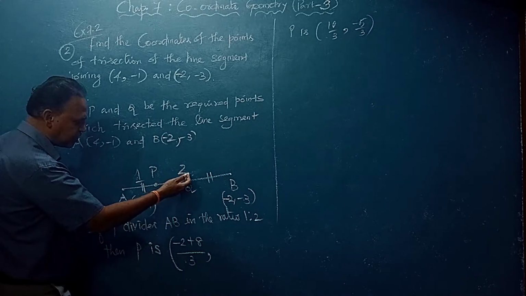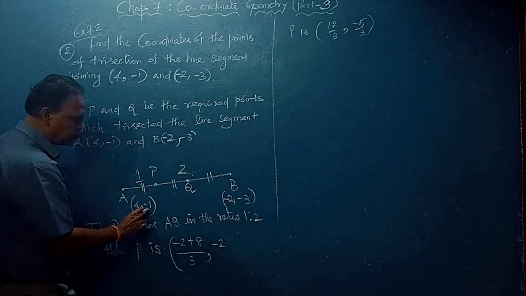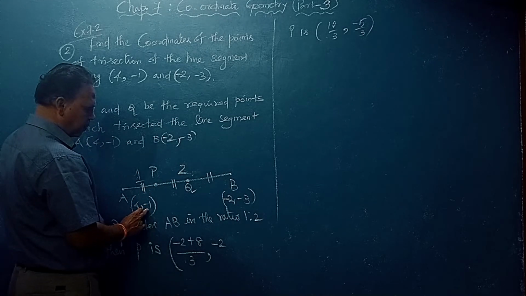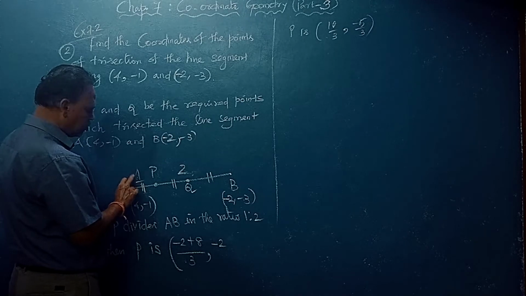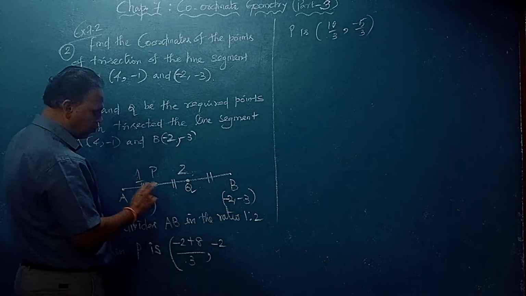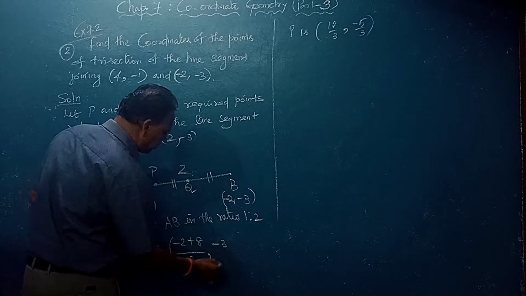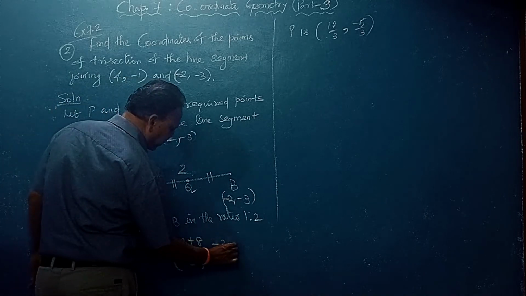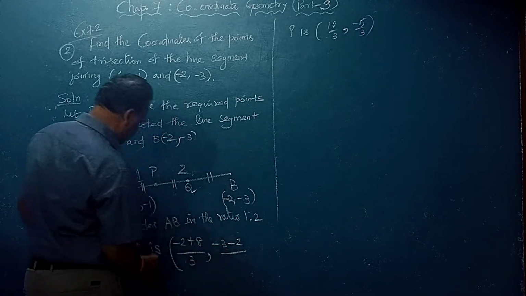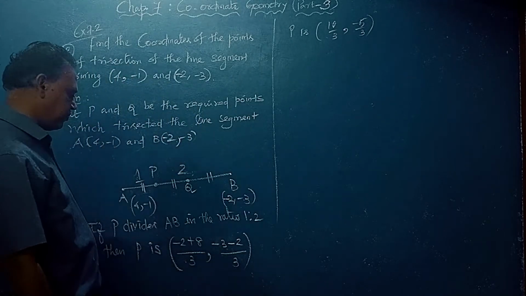Now the y coordinate, just cross multiply. First you multiply this. Okay, that is better. 1 into minus 3 and plus 2 into minus 1, minus 2 by 3. Understand?